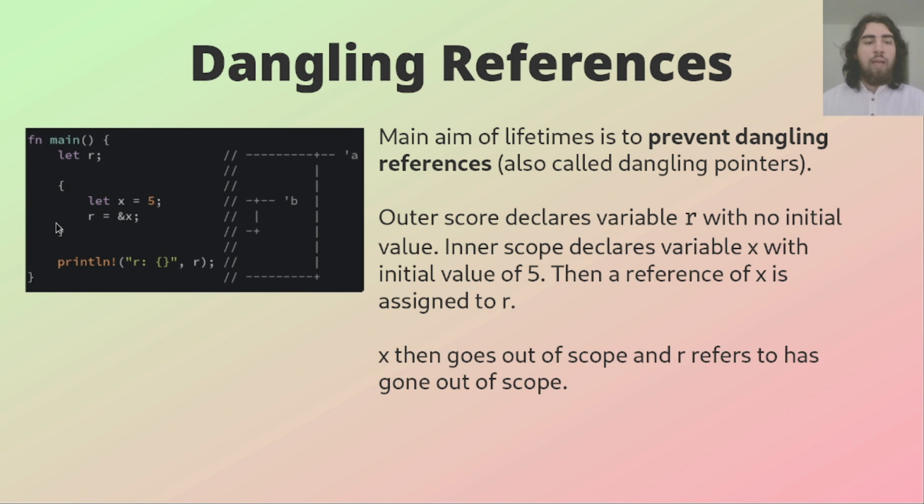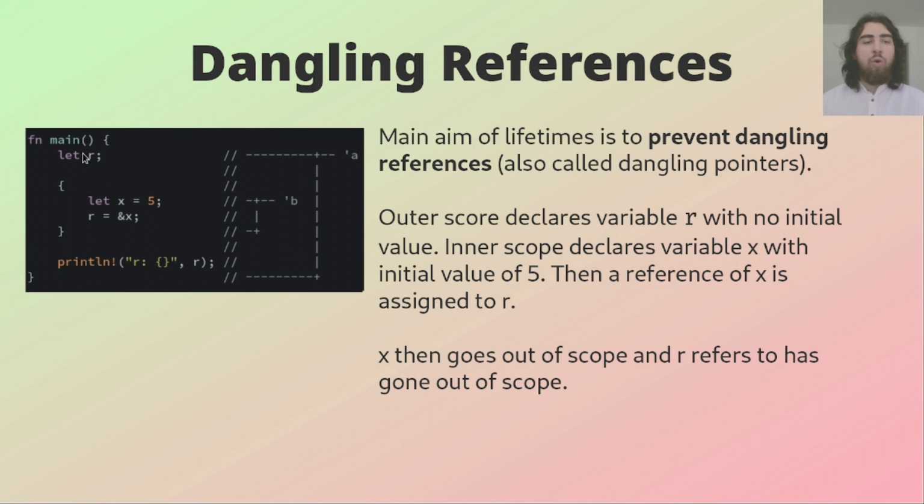Then over here we have an inner scope. And in this scope we are initializing variable x with a value of 5. So the compiler will annotate this variable to be of lifetime b. And as you can see, lifetime b is only valid until the end of this scope. Now then we are assigning a reference to x to the variable r.